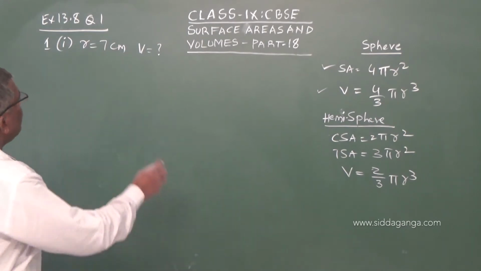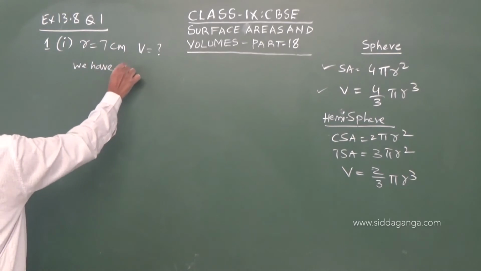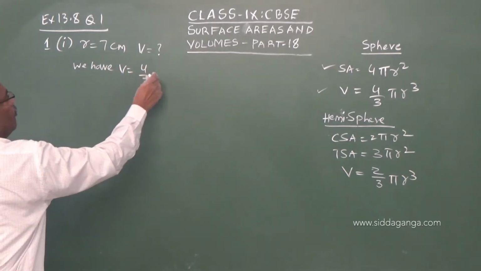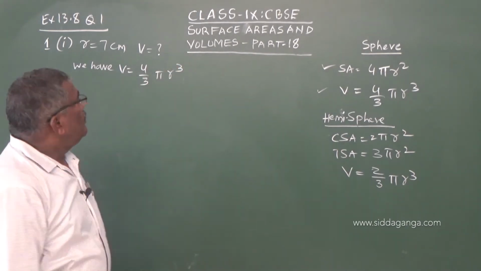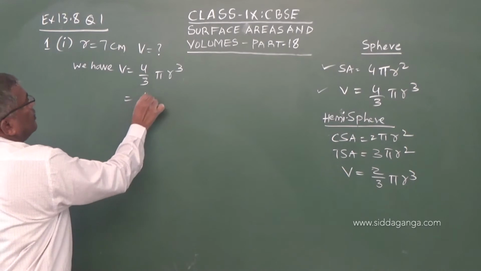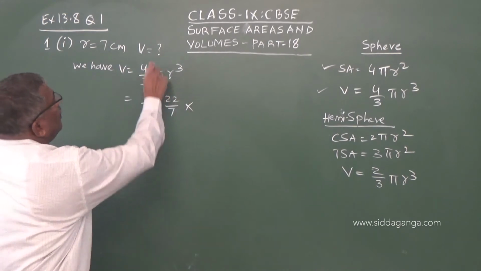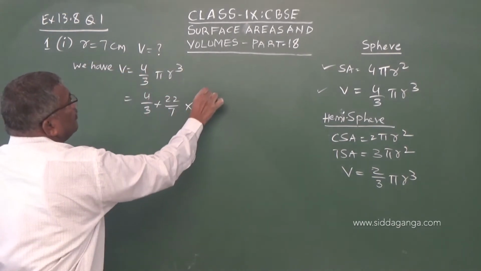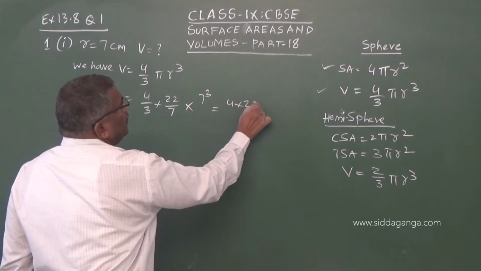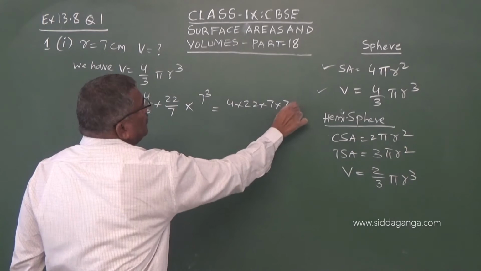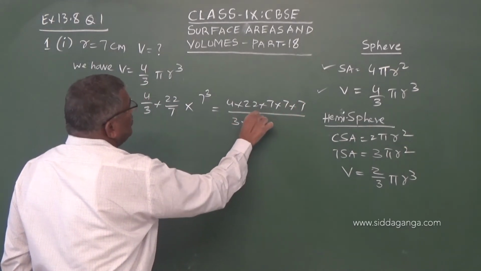Now, so we have volume is equal to 4 by 3 pi r cube. So this equals 4 by 3 into 22 by 7 into r, which is 7 cube. So that equals 4 into 22 into 7 into 7 into 7 by 3 into 7.